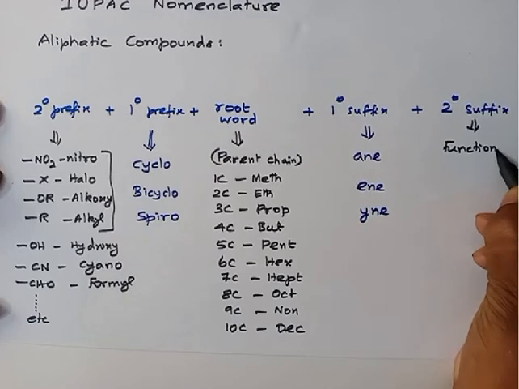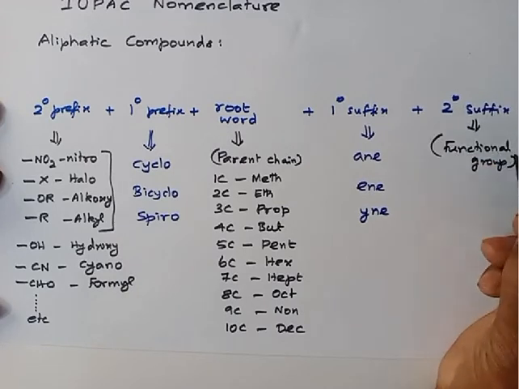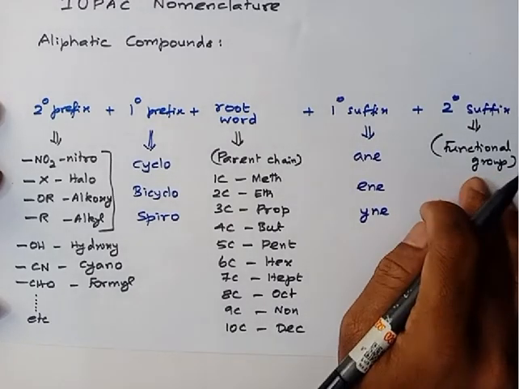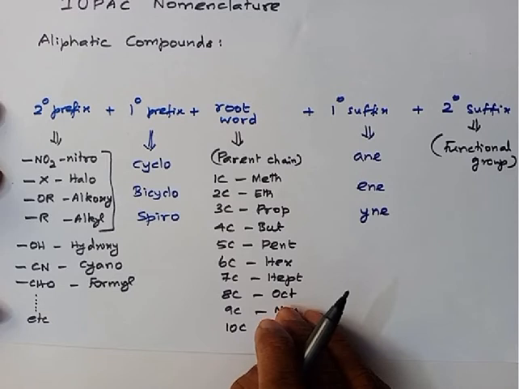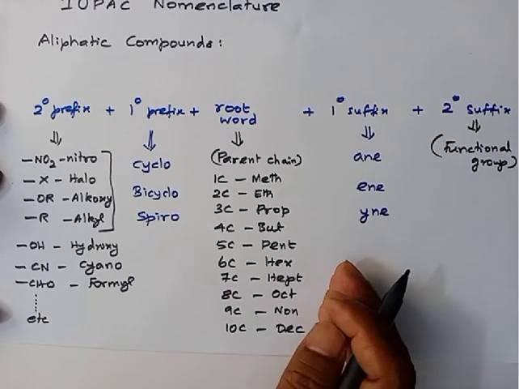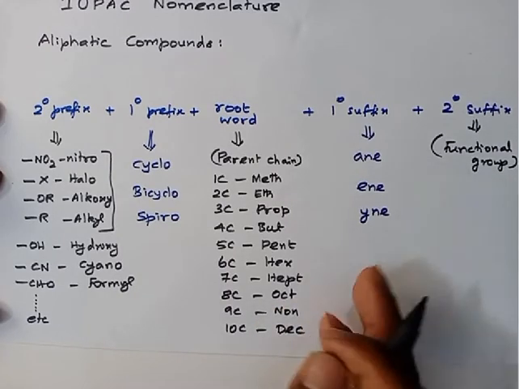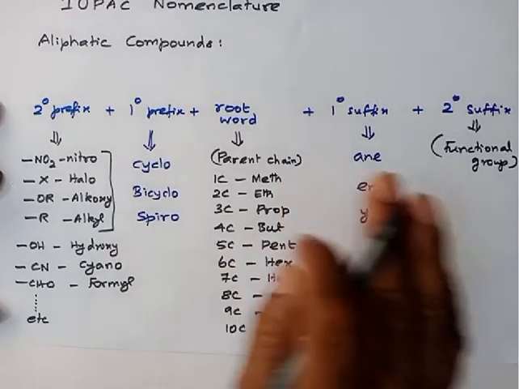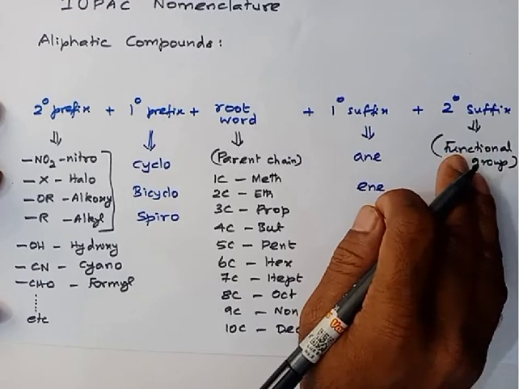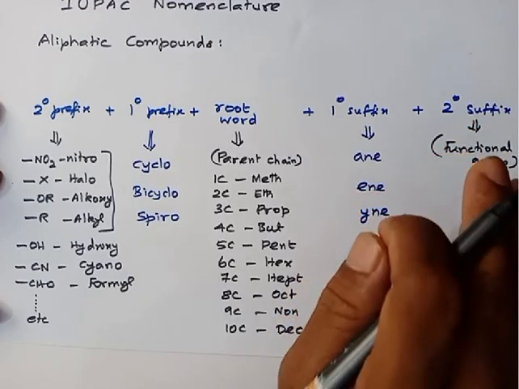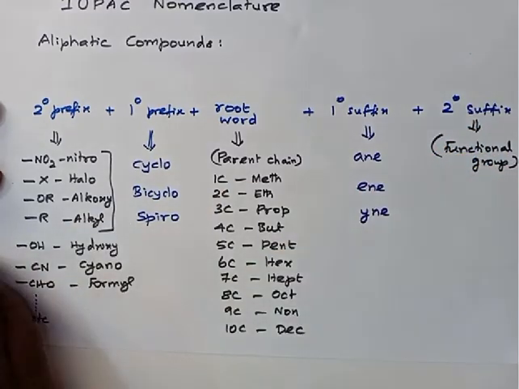What is a functional group? A functional group is a group which is responsible for the chemical property of the compound. It may be an alcohol group, an aldehyde group, or a carboxylic acid group, whatever it is.